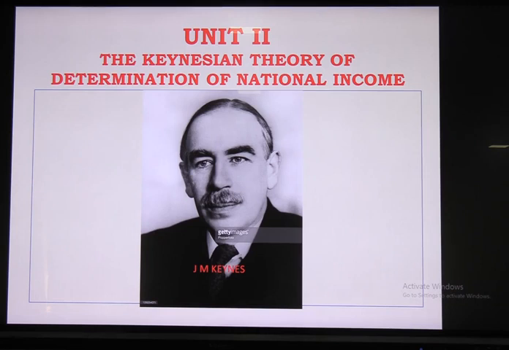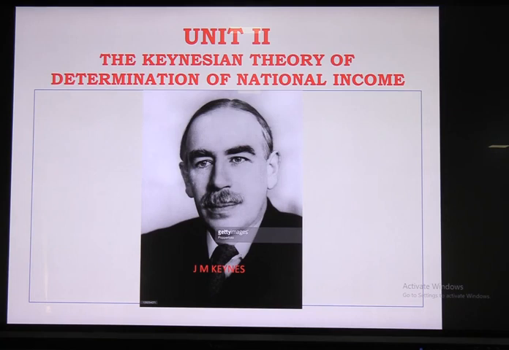How much income we require to equate aggregate demand with aggregate supply is technically known as the equilibrium national income. Once a country can attain equilibrium national income, then that country can attain economic growth.